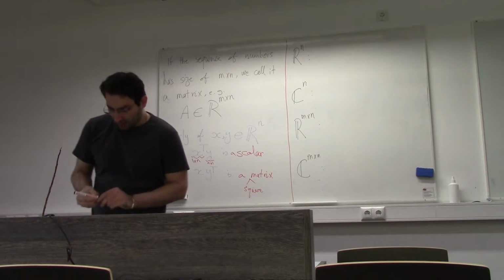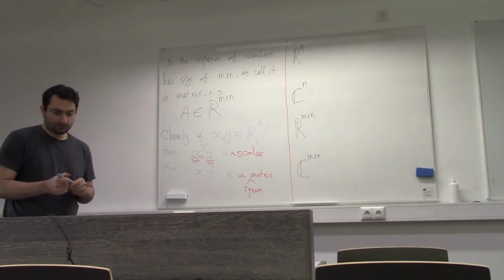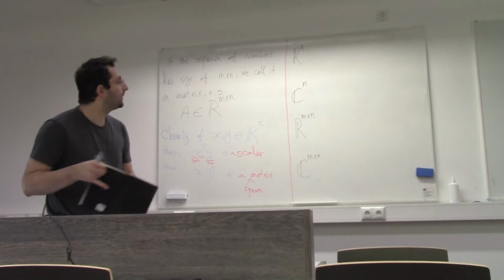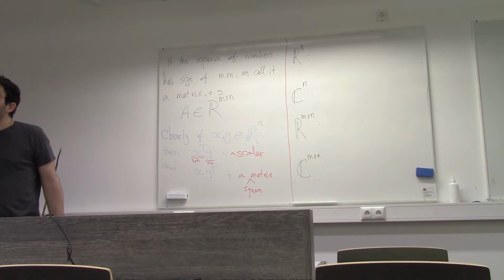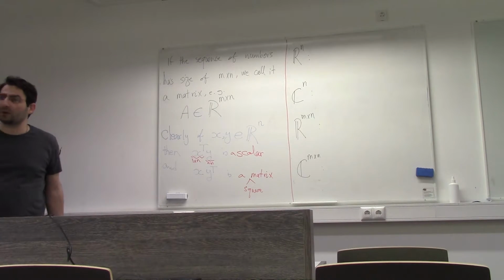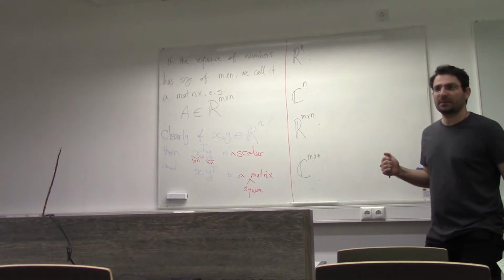So what is R^n? A column vector whose elements are real numbers, R representing real numbers.